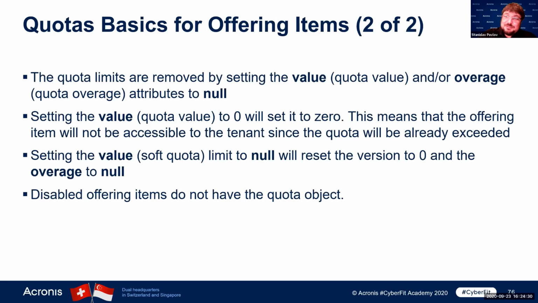Remember, when we disabled offering items, I pointed out that for disabled offering items, the quota object just disappears. It means as soon as you disable your offering items, you lose your quota settings.